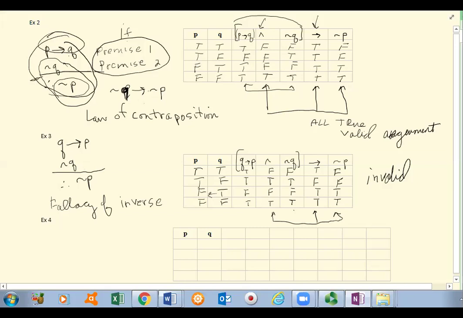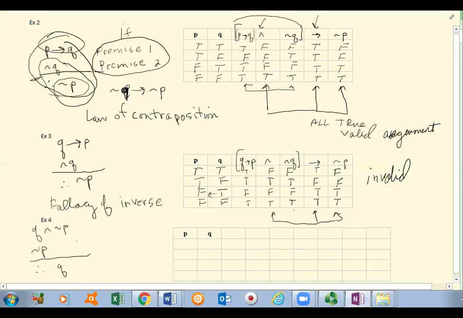This one's got a little bit different form. Q and not P. Not P. Therefore, Q. Does that follow?